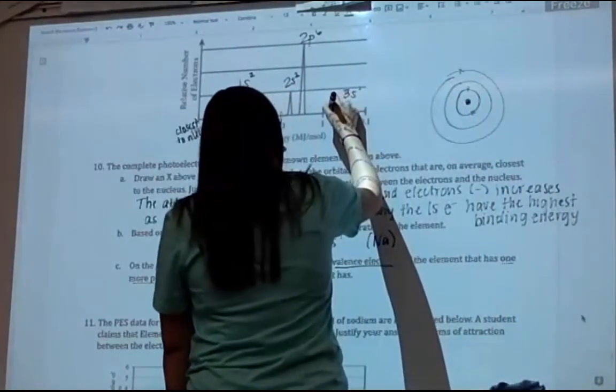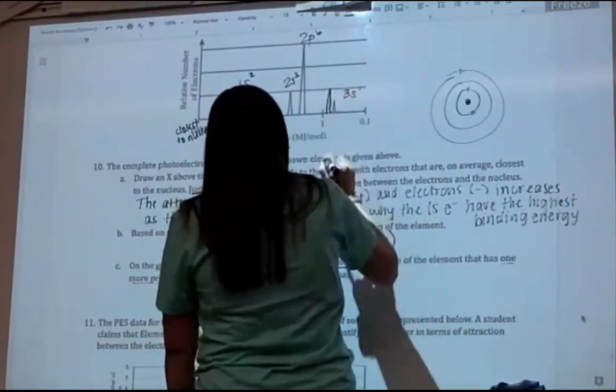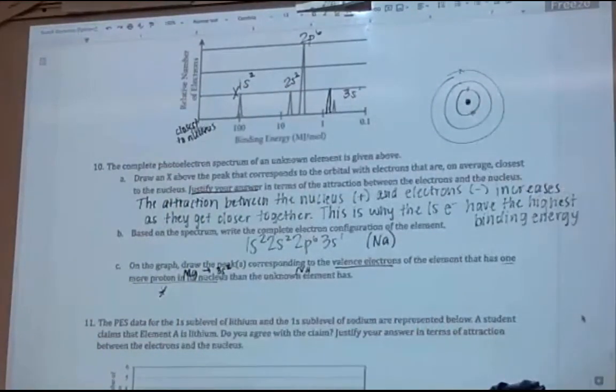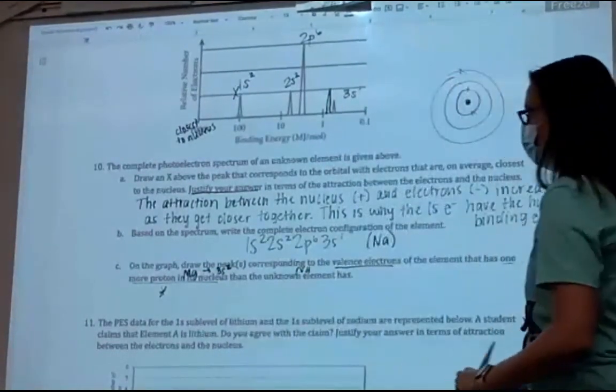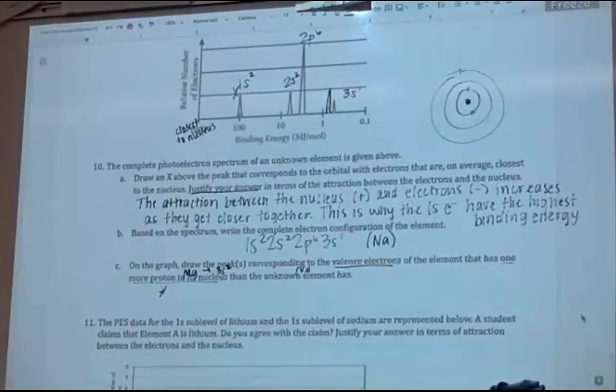So I'm actually going to draw a peak right here. It says on the graph, draw the peak. Now I'm going to put some information here if you want to write it down so when you're looking back, you remember.